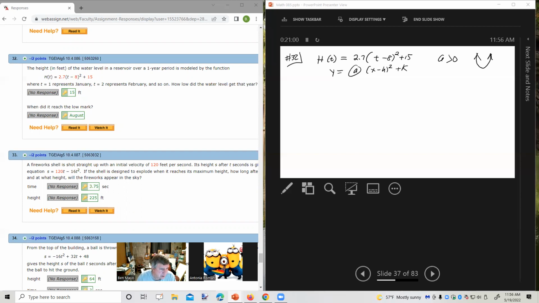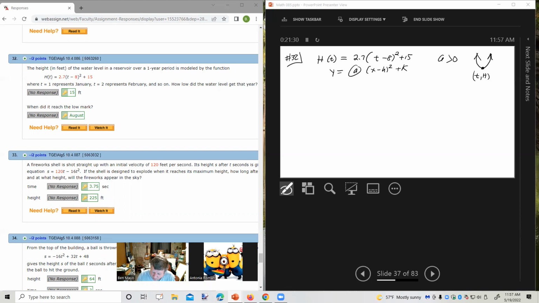Now, your variables are t and h, where t is the time and h is the height of the water in the reservoir. So on our graph, the vertex would be the lowest height of the water since it opens up. That would be the minimum value of the water. Is that making sense? Yes.